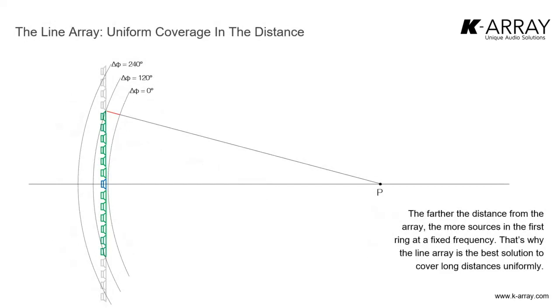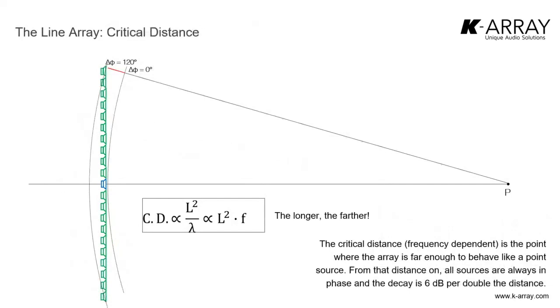But if I keep going away in the distance, far from the array, I'll reach a point in the space where I'm so far from the array that all the woofers in the columns, all the woofers in my cluster, are effectively contributing to the SPL at my location.